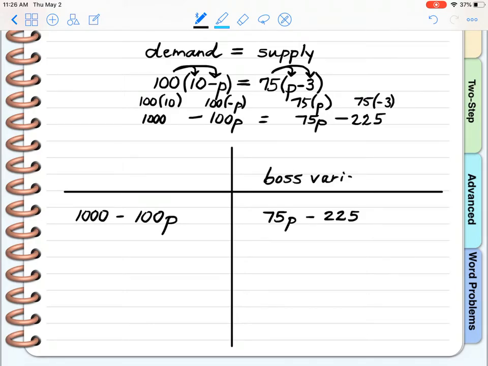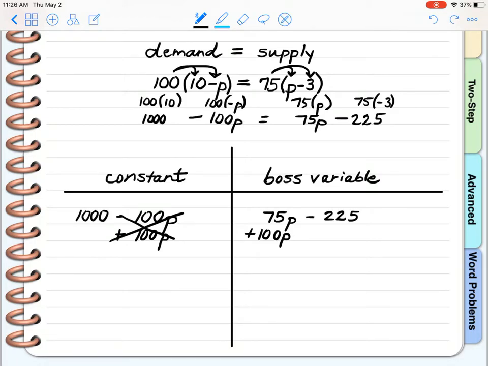It doesn't matter, you can use either side variable. And then the constant is over here. So I'm going to bring this 100P over to this 75P, put those together. And I'm left with 1,000.